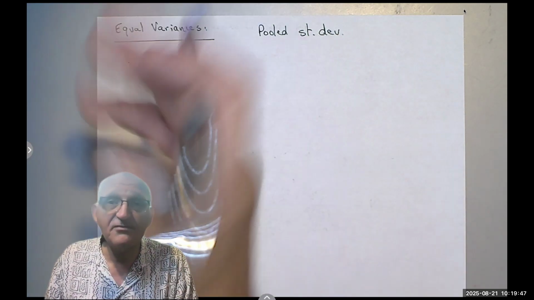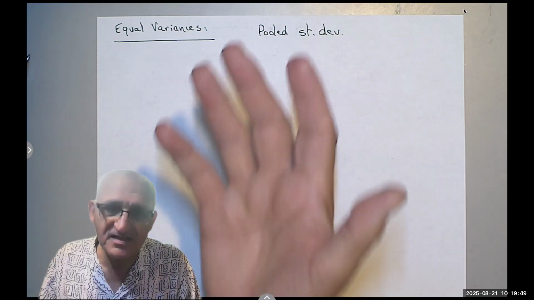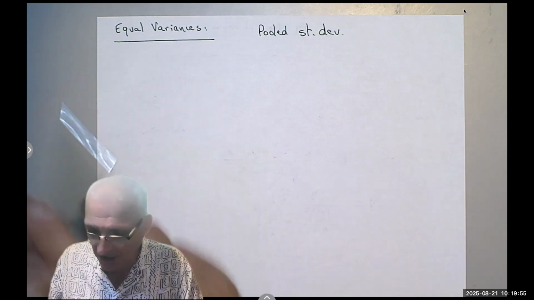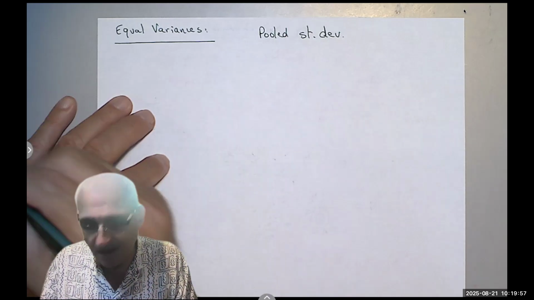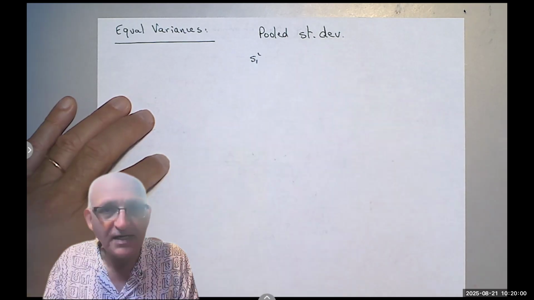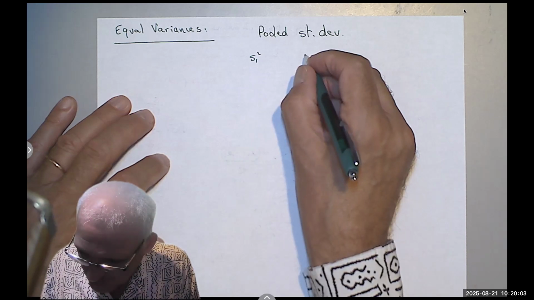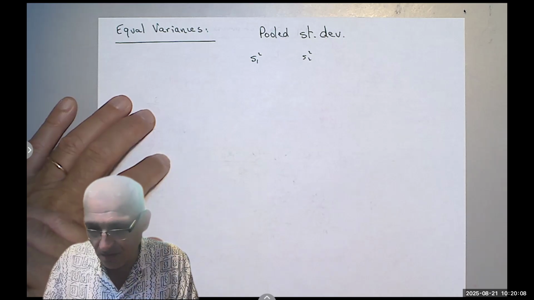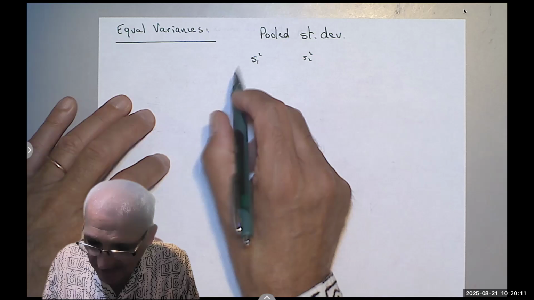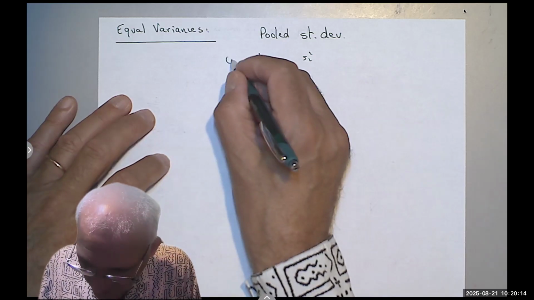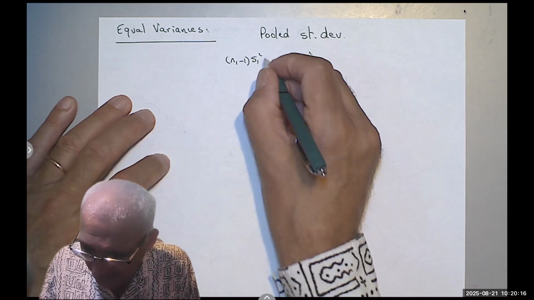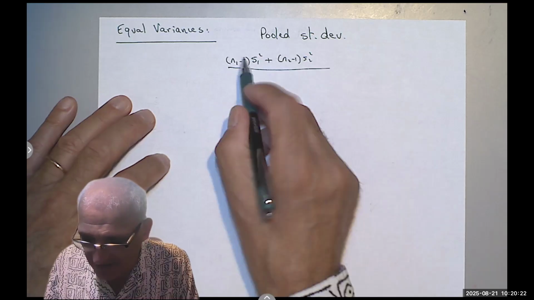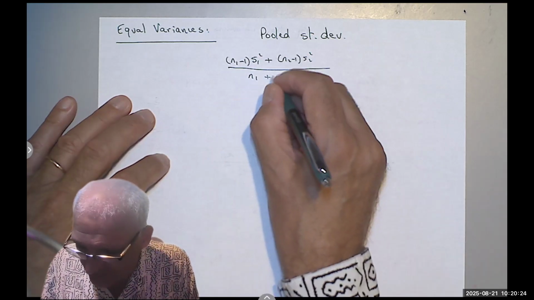I say if they have the same variance, of course, the samples will not have the same variances. So let me take a weighted average of each. Notice that the first variance is S1 square, right? And the second variance is S2 square. So what should I do? I'm going to multiply that by n1 minus 1 and multiply that by n2 minus 1 and then divide by their sum, which is n1 plus n2 minus 2.